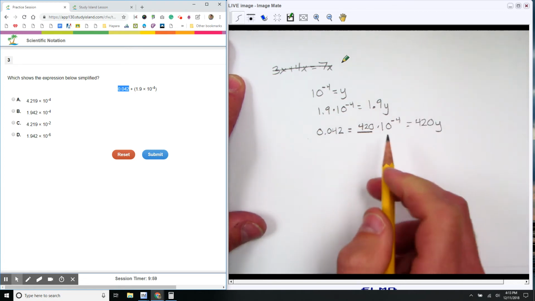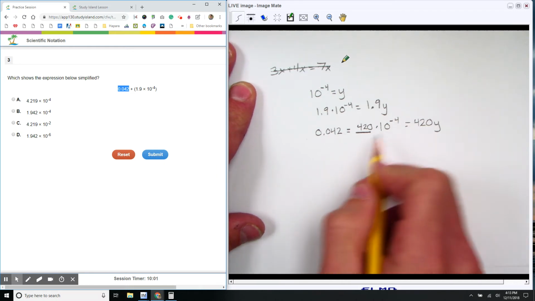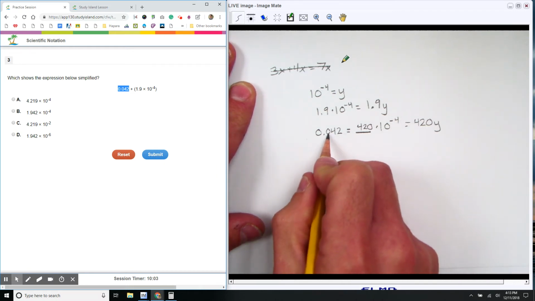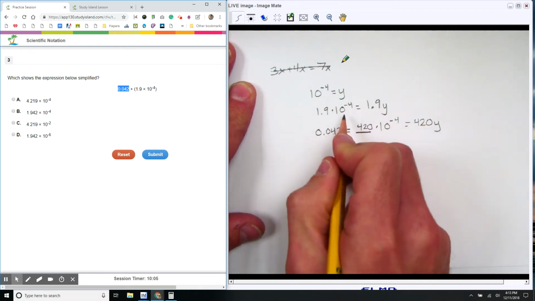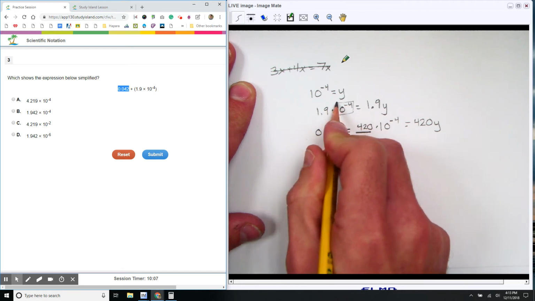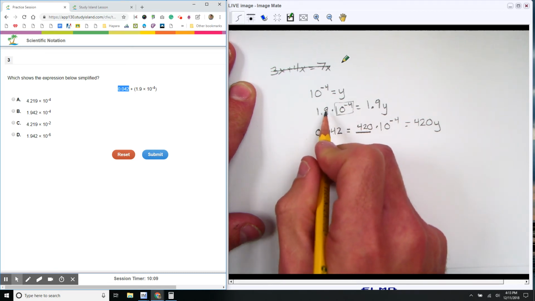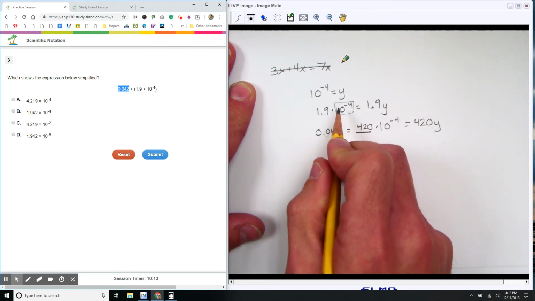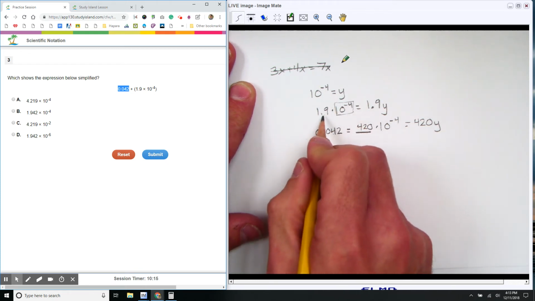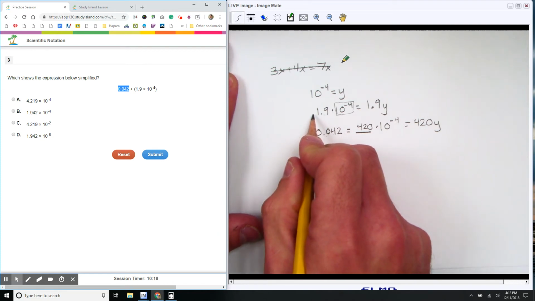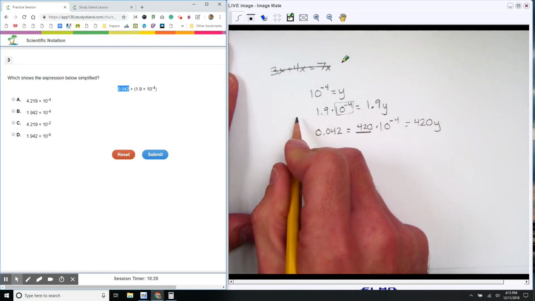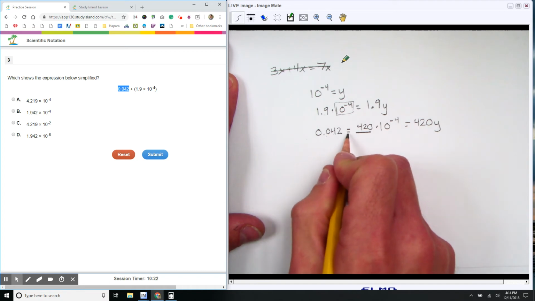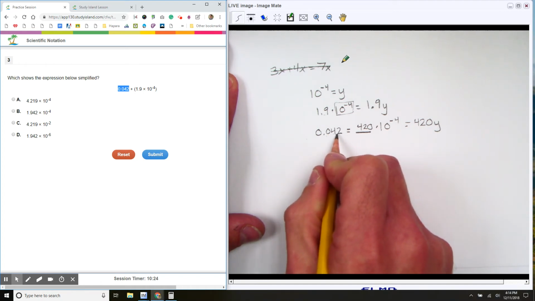So let's re-explore exactly what's going on here. I wanted to make 0.042 be times 10 to the negative fourth because my other number was also times 10 to the negative fourth. I know that if I'm multiplying by 10 to the negative fourth power, I can just move my decimal 4 spaces to the left. So what would I move 4 decimal places to the left and get 0.042?